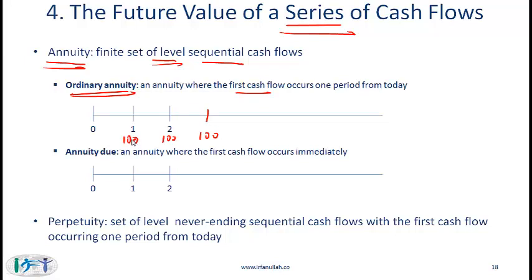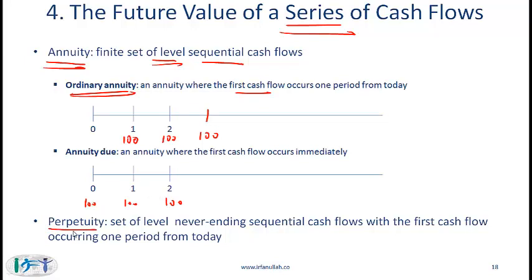The payments are level because you are getting $100 each time. They are sequential. You are getting payments at 1 year periods, and the first payment is 1 year from today, which means this is an ordinary annuity. With the annuity due, the first cash flow occurs immediately. So if you have 100, 100 and 100, this is an annuity due.